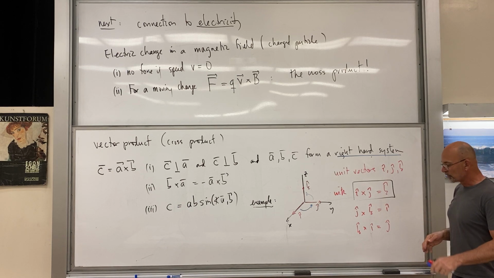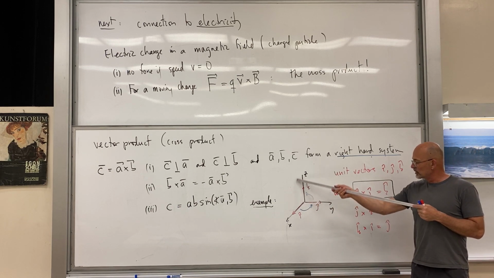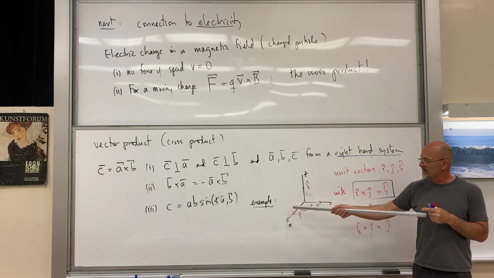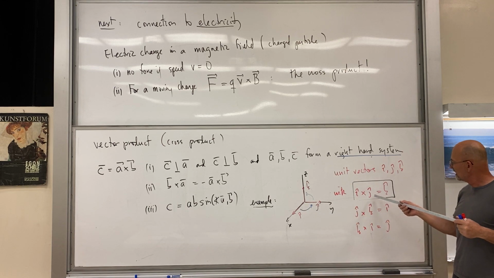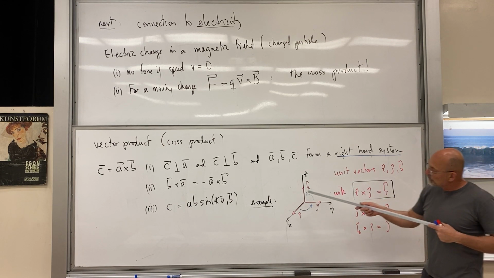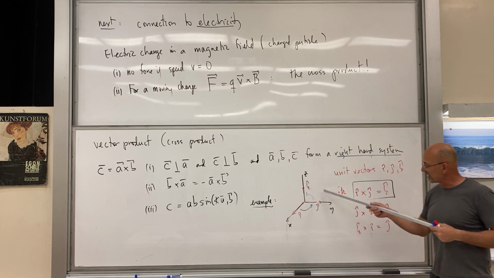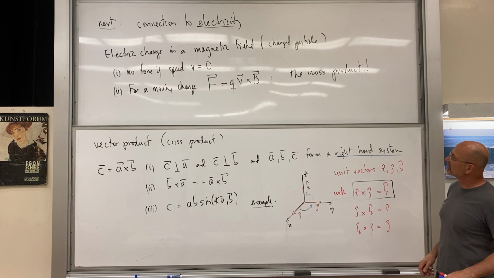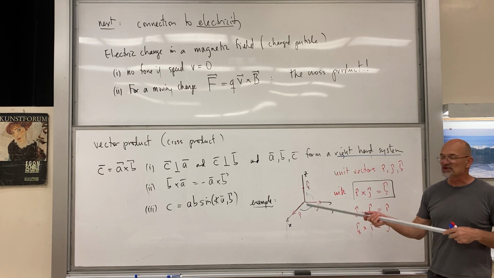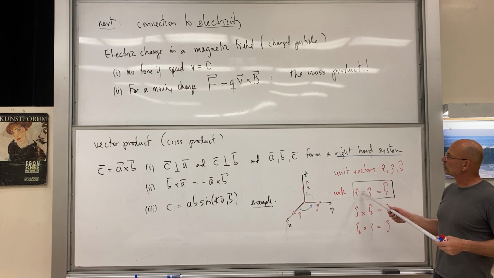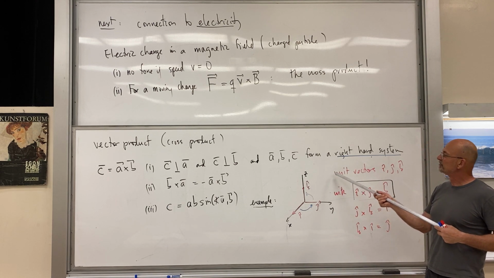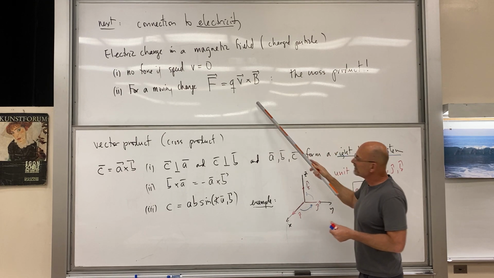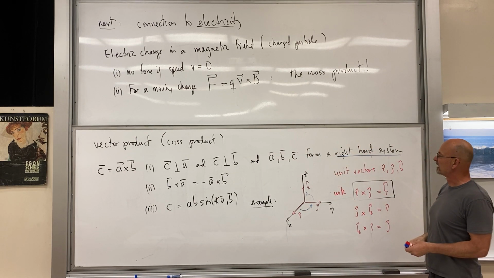So our 3 unit vectors in this mutually perpendicular set, in this right-hand coordinate system, can be expressed in terms of the vector product. It's actually a very natural object for any type of rotational situation, which is where you may have run into it last semester. And it's just amazing that the force law turned out to be a vector product like that.